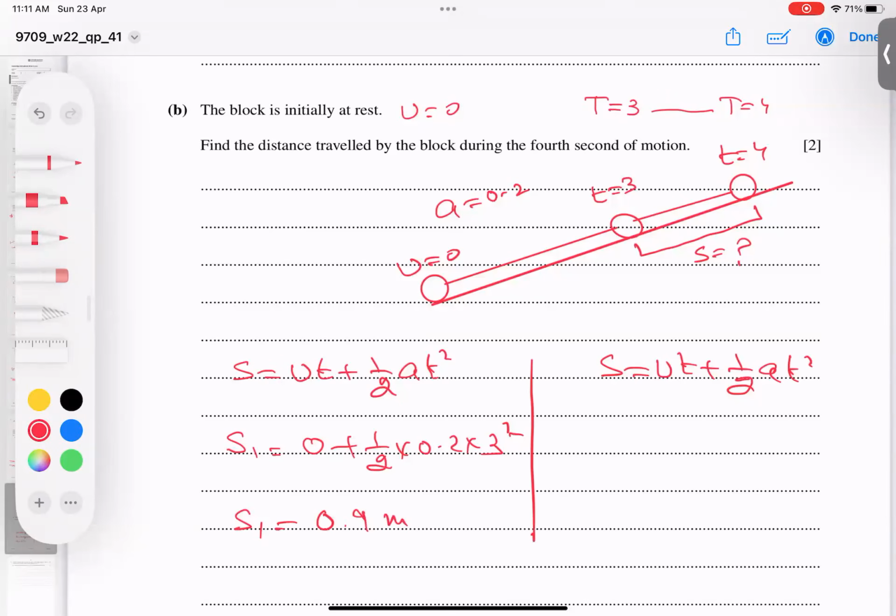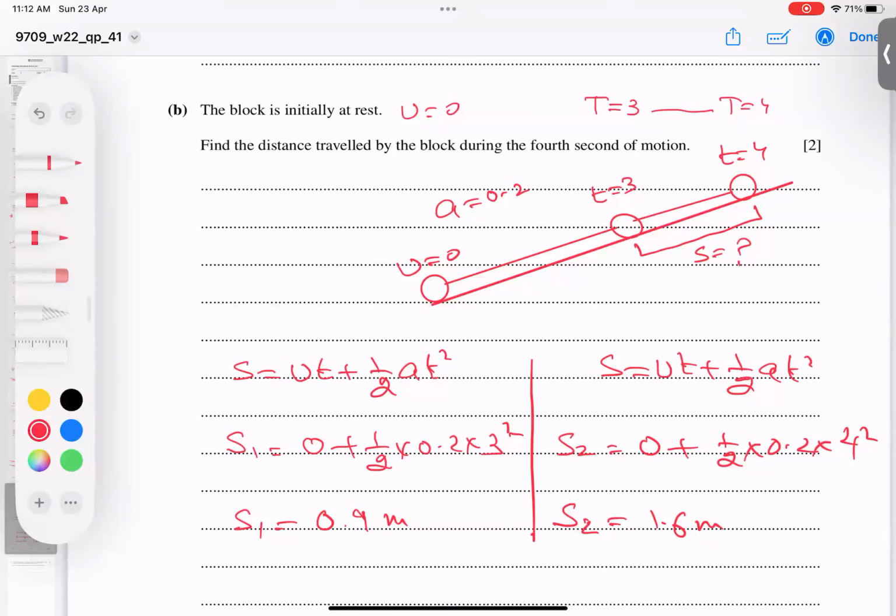Let's talk about the second, S2. U is 0 and half times the acceleration, 0.2, and time is 4. I'm looking for this total distance. So 0.1 times 16, and my answer is coming 1.6 meters.